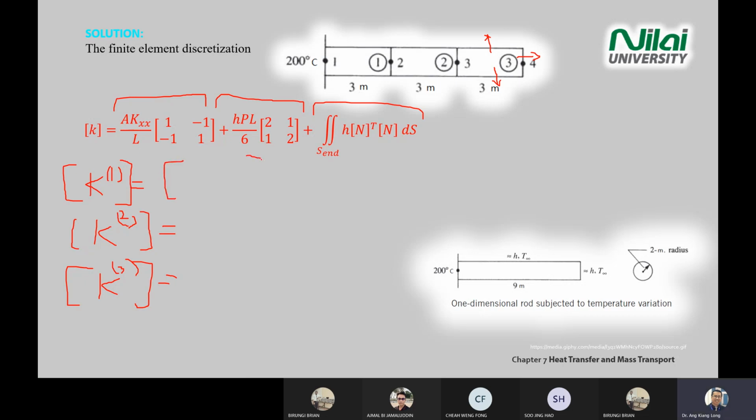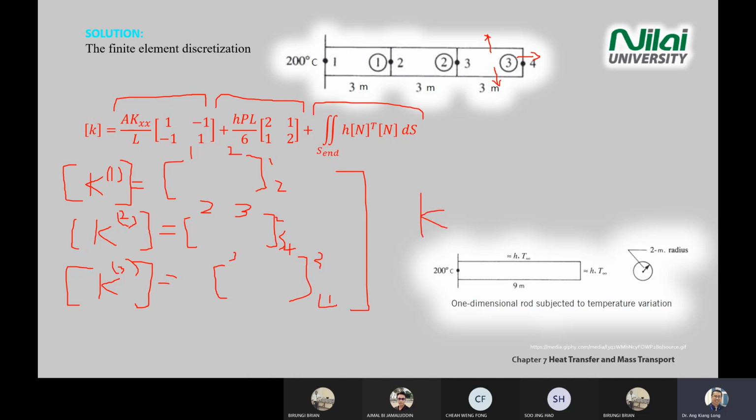For the numbering, element 1 is 1, 2, 1, 2, element 2 is 2, 3, 2, 3, and element 3 is 3, 4, 3, 4. Then after that you combine them into a big matrix.